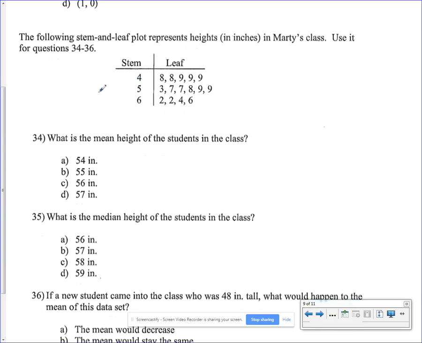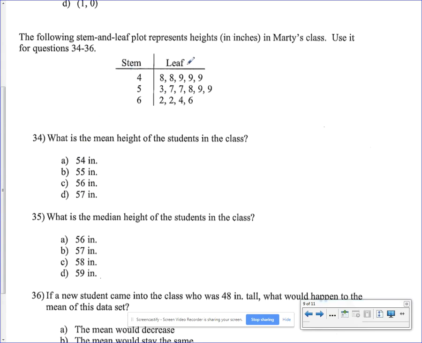I don't know if you've seen stem and leaf plots, if you did in 6th grade or not. In the next week or two, we are going to start working with some data and mean, median, mode stuff. But just so that you can tackle these, this should come back to you pretty easily because you did this a lot in 6th grade.